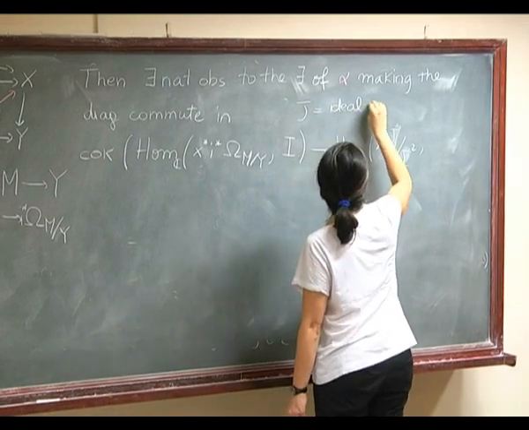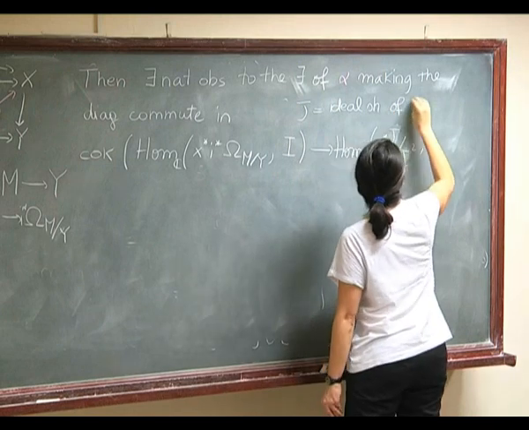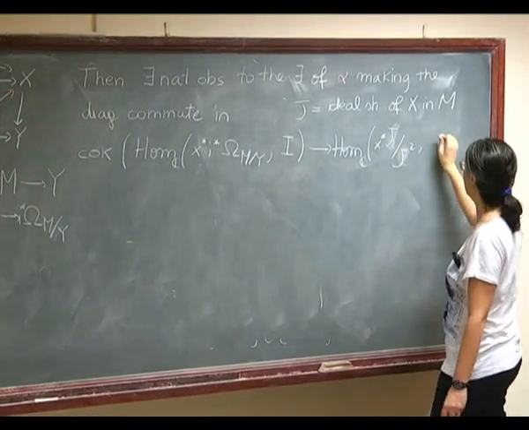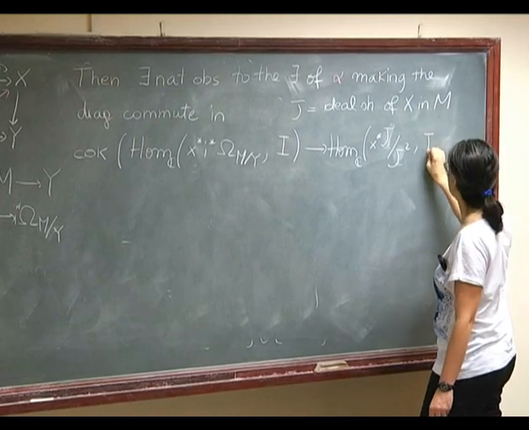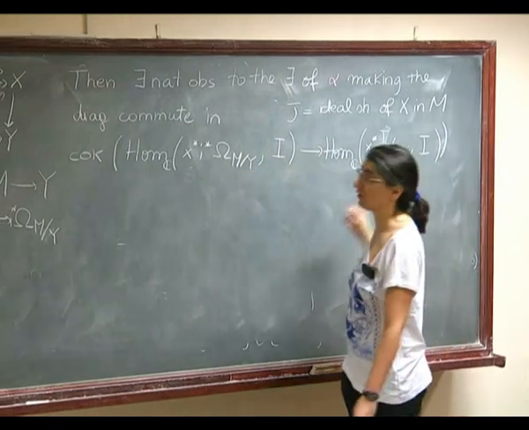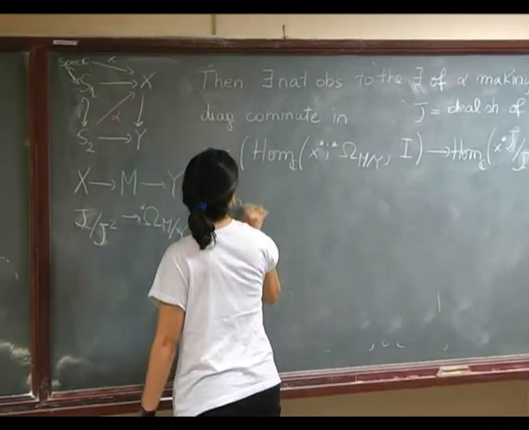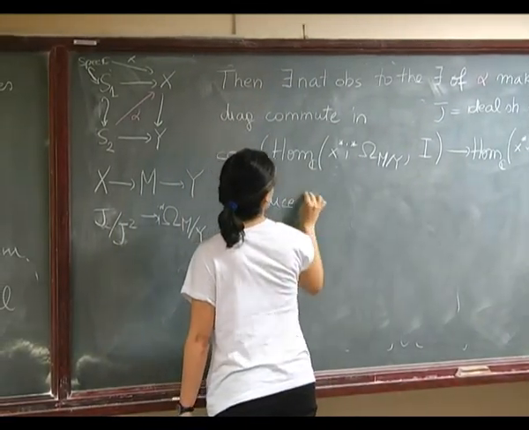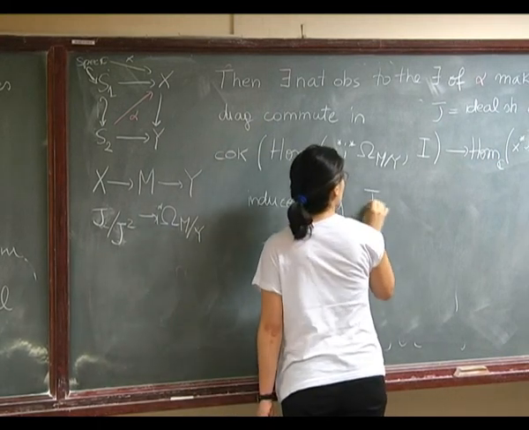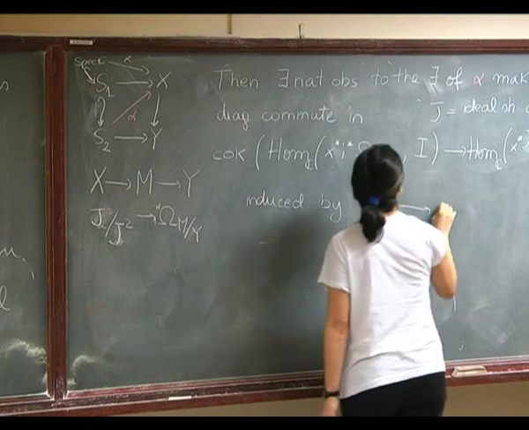This way I don't have problems around X in M. X pullback I, where this map is of course induced by J or J squared.